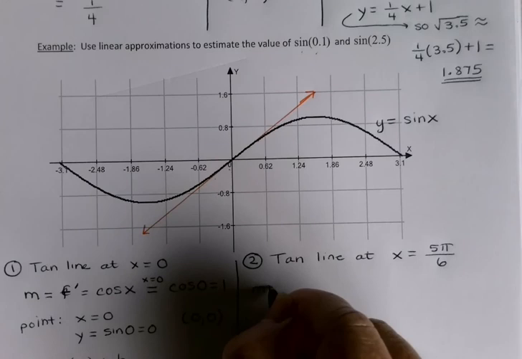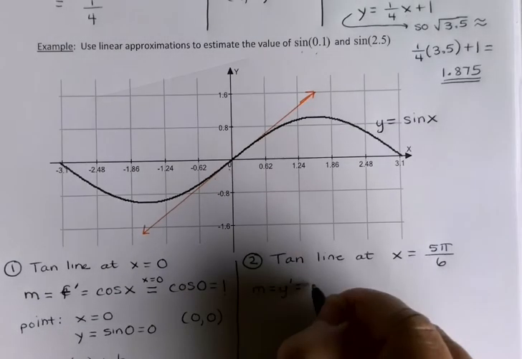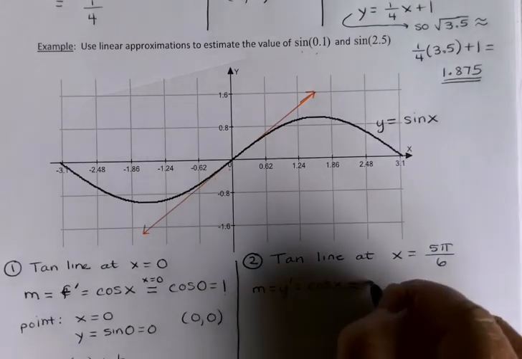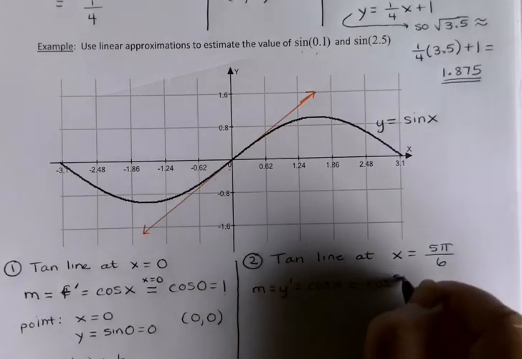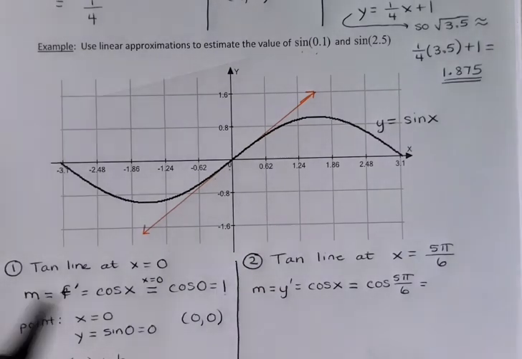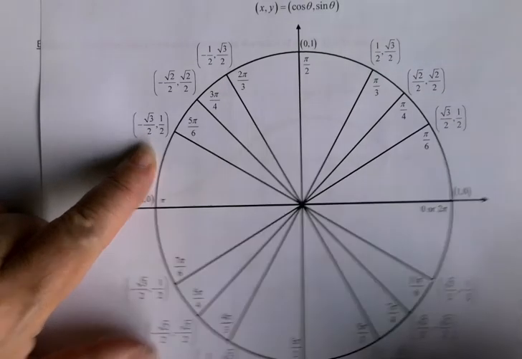Our slope, again y prime, was the cosine of x. And if I plug in 5 pi over 6, the cosine of 5 pi over 6 is negative square root 3 over 2.